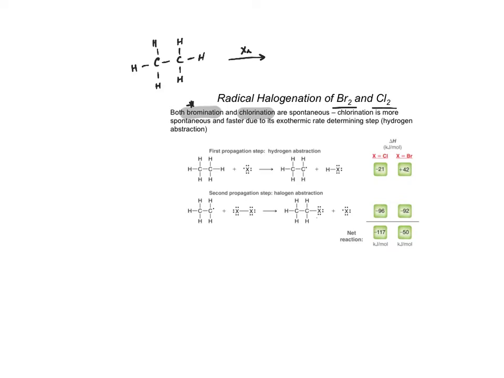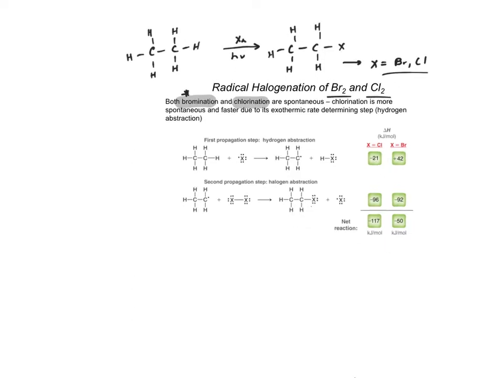Again, that's what X is representing, in the presence of light. And the question is, what do we get? Do we get our halogenated product, right? So do we actually get this reaction with ethane as opposed to methane? And the answer to that is yes.